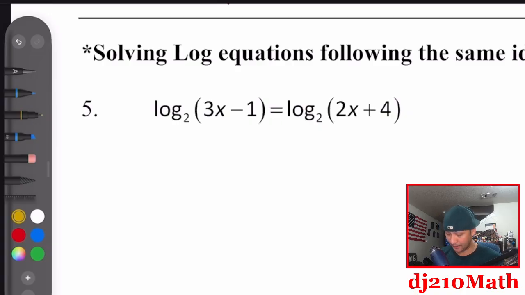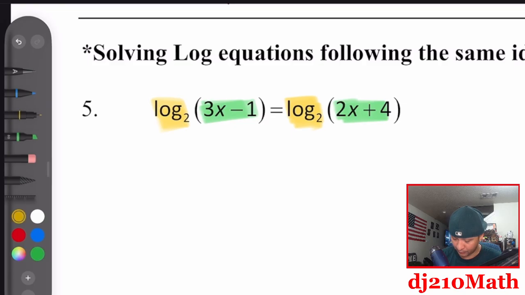The idea is that if the logs match on each side of the equation, then the arguments must also be equal to each other. And then we'll forget about the logs and set the arguments equal to each other. So here, the logs do match.